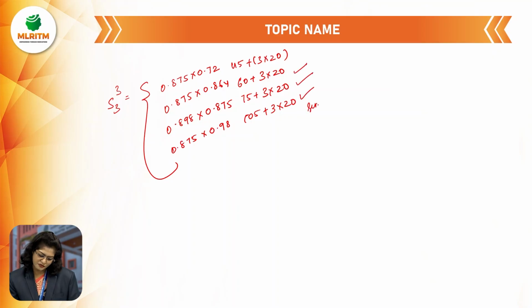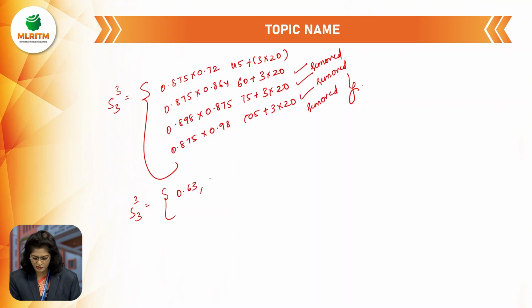These 3 will be removed. Why? Because you are going to get the highest value. Okay, children. So what you are going to get as the last answer is only the first one, that is 0.63, comma 105. Exactly. All right. The exact value we have reached, that is 105. So S3 can be obtained.